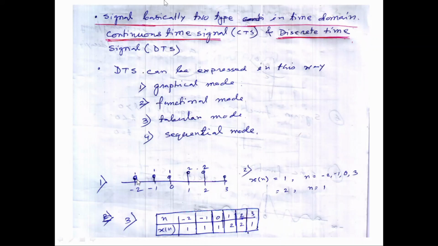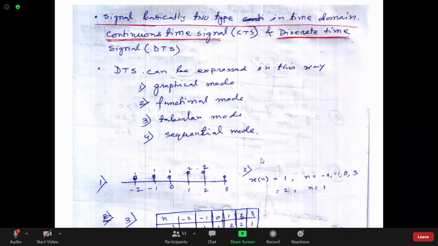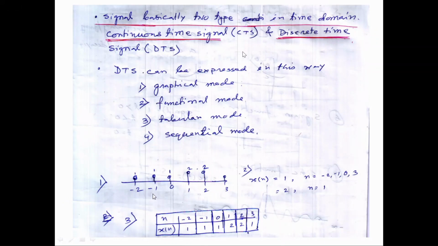But in a discrete time signal, it is in instants of time. We have considered it at 0 and plus or minus 2 or 3. The signal in graphical method will be like this, with amplitudes 1, 2, 2, 1, 1, 1. Is it clear? This method is called the graphical method.